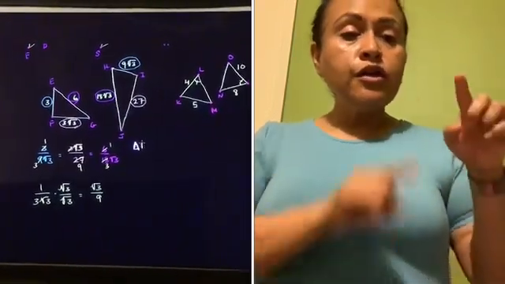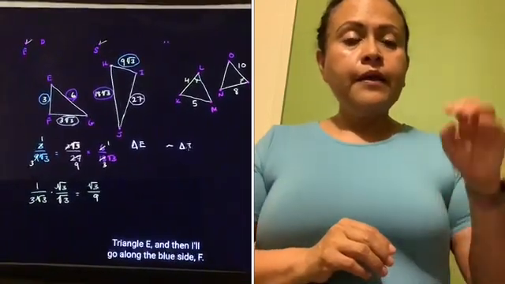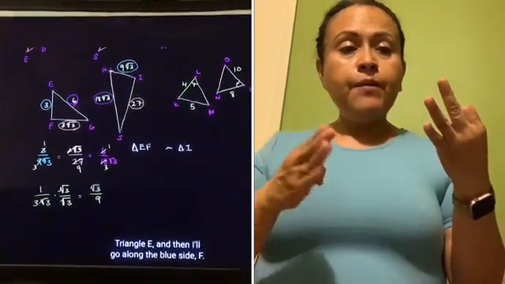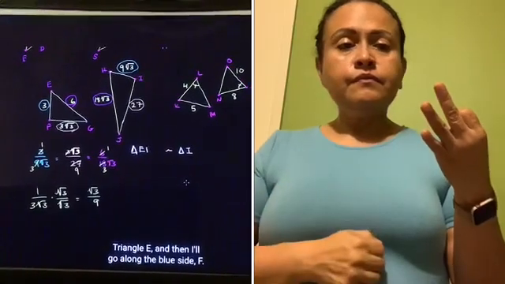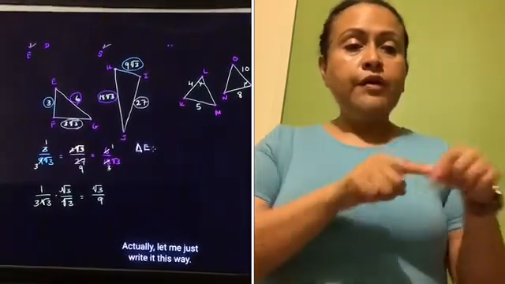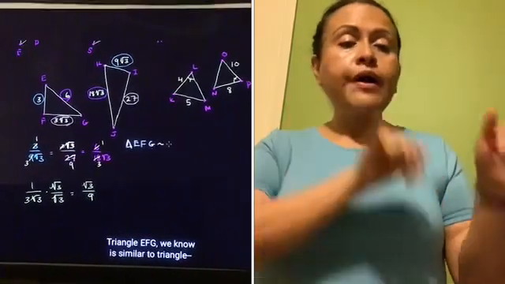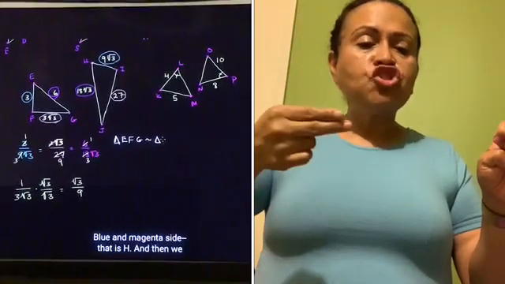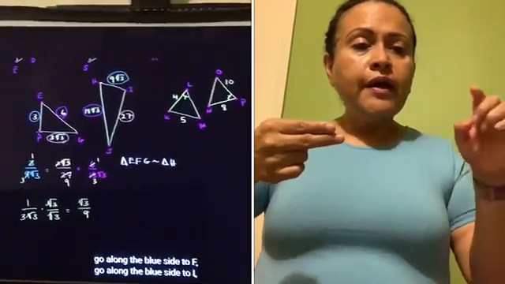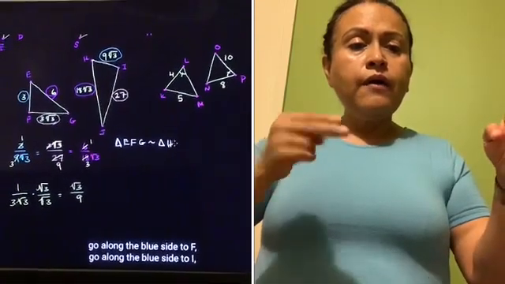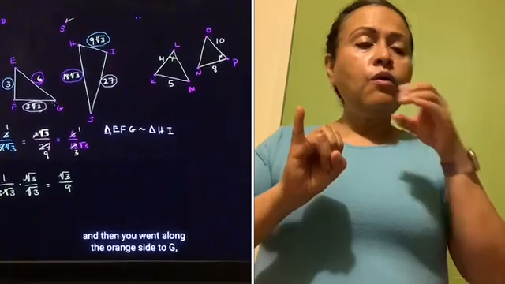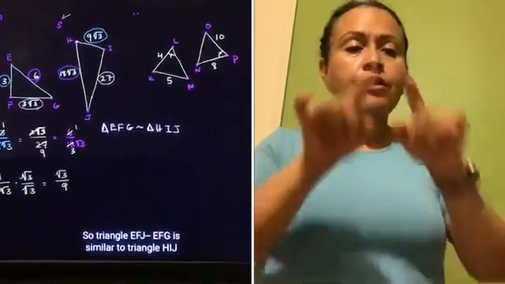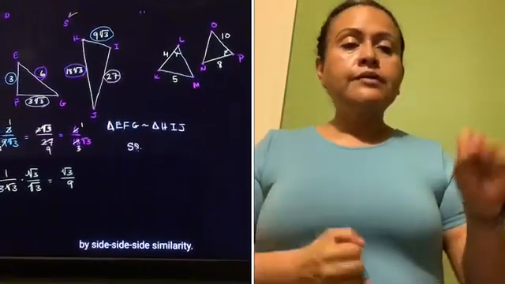So triangle EFG we know is similar to triangle, E is between the blue and magenta side, that is H. Then we go along the blue side to F, go along the blue side to I, and then you go along the orange side to G, and then along the orange side to J. So triangle EFG is similar to triangle HIJ by side similarity.